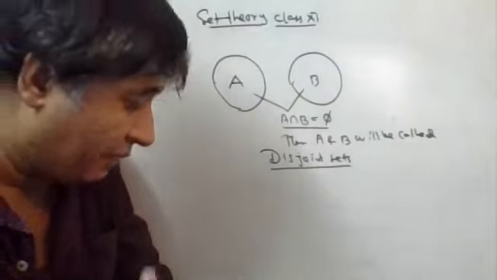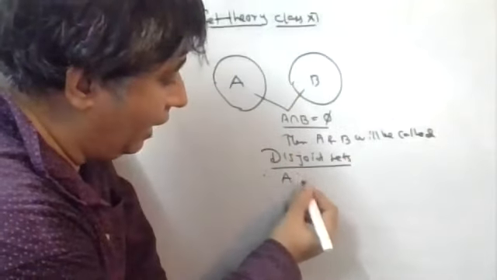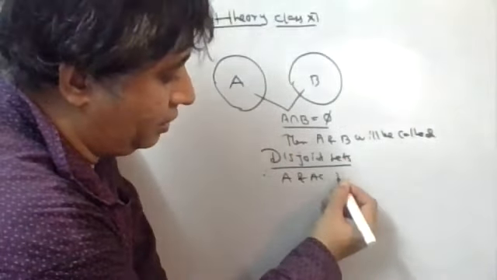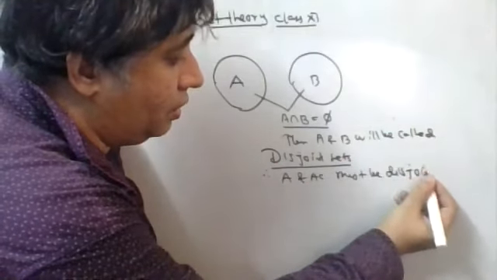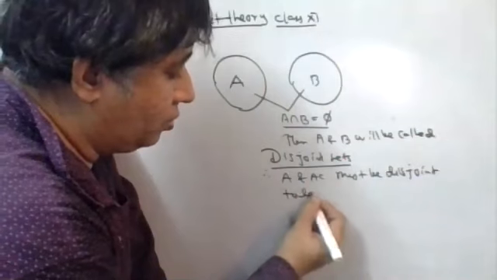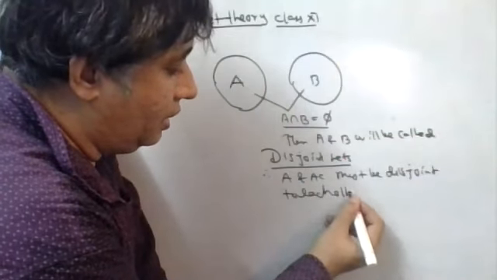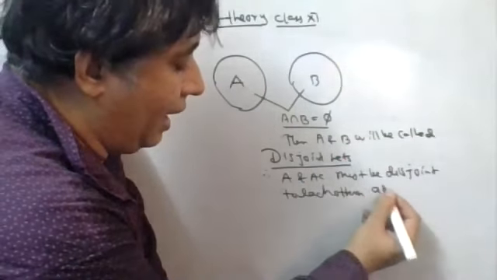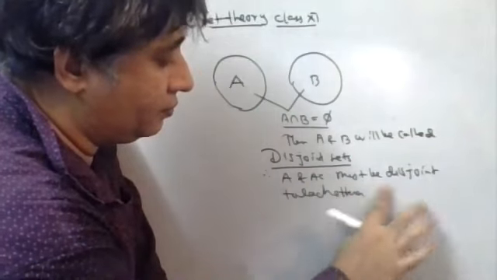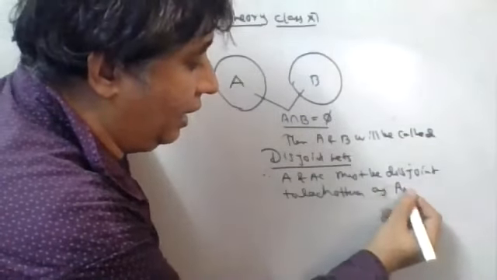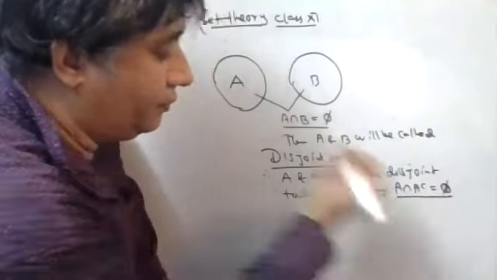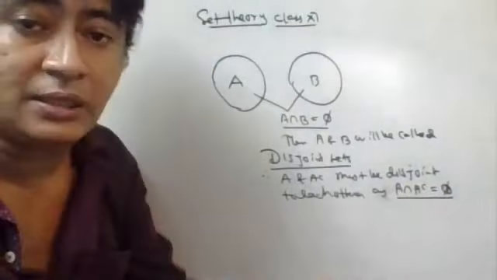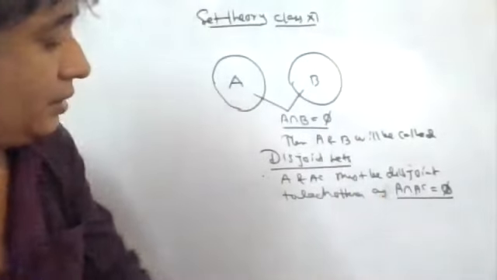So by definition, A and A complement must be disjoint to each other, as A intersection A complement is null. Okay, A intersection A complement is null.